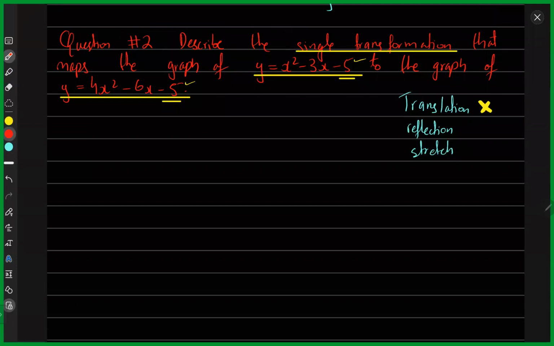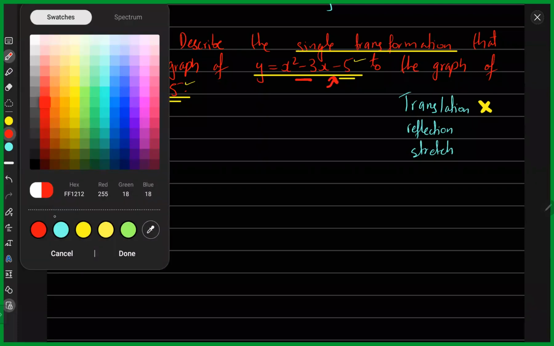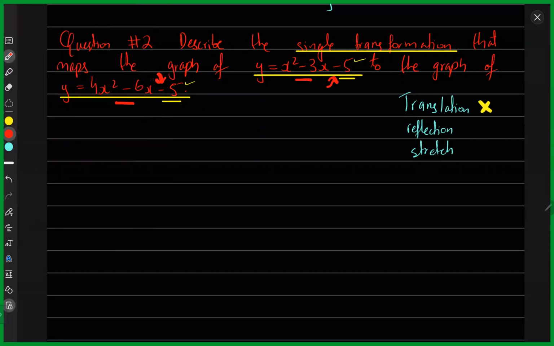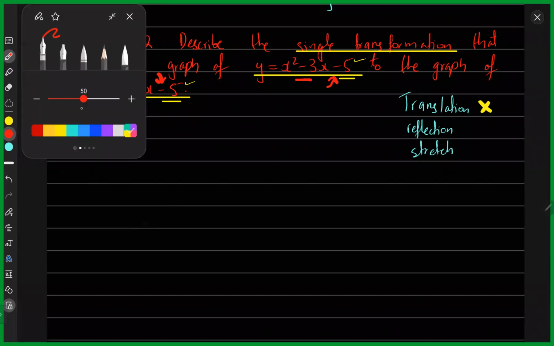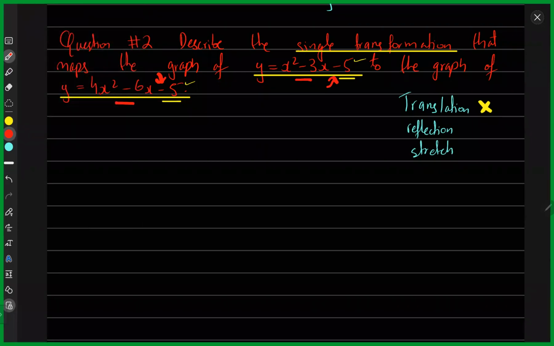What do you guys think? Is it reflection? We had a minus sign here. We have a minus sign here. Again, minus sign here. And again, minus sign there. So certainly, it is again not a reflection because the signs did not change at least. Okay, so it's not reflection.